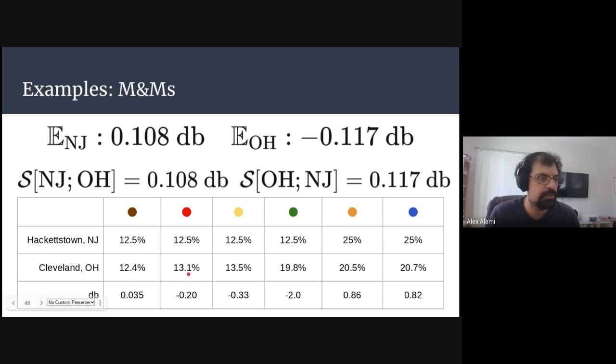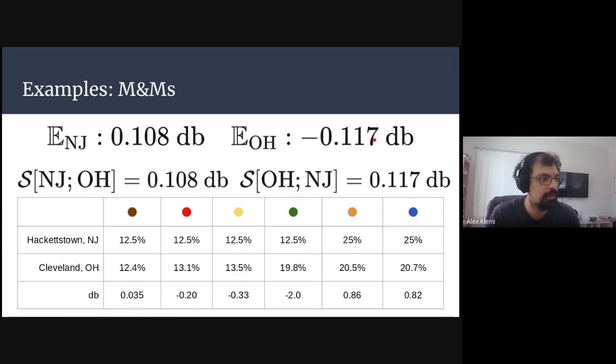What is this 2? It's 10 log 10 of 12.5 divided by 19.8. And how would I get this number, 0.108? I'm going to take the expected weight of evidence. So I take 12.5% times 0.035, plus 12.5% times negative 0.2, plus 12.5% times negative 0.33, plus 12.5% times negative 2, 25% times 0.86, etc.